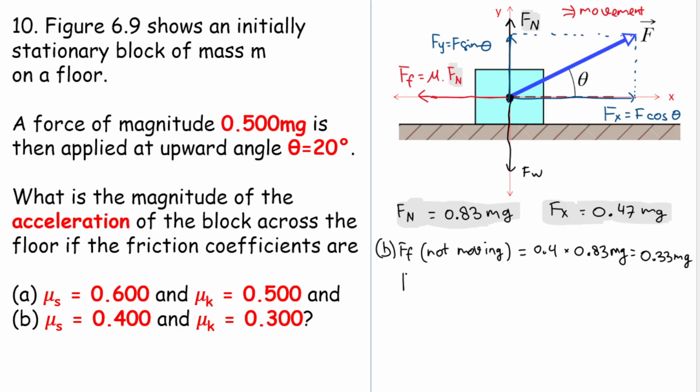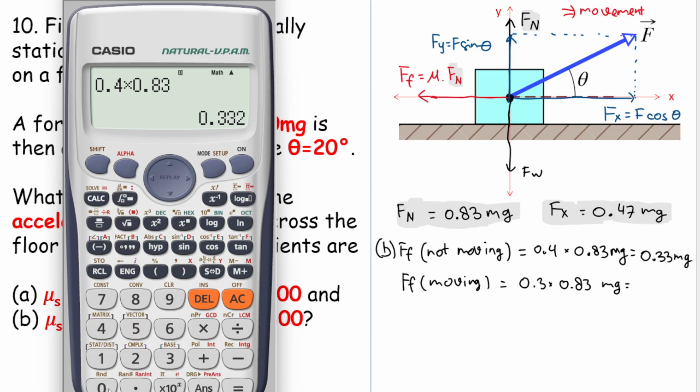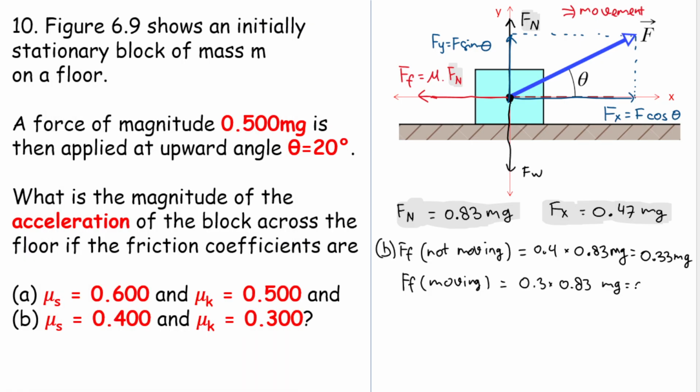And then the frictional force when it is moving, we will have 0.3 times 0.83 mg. So we will have 0.3 times 0.83, and so we'll have 0.25 mg.